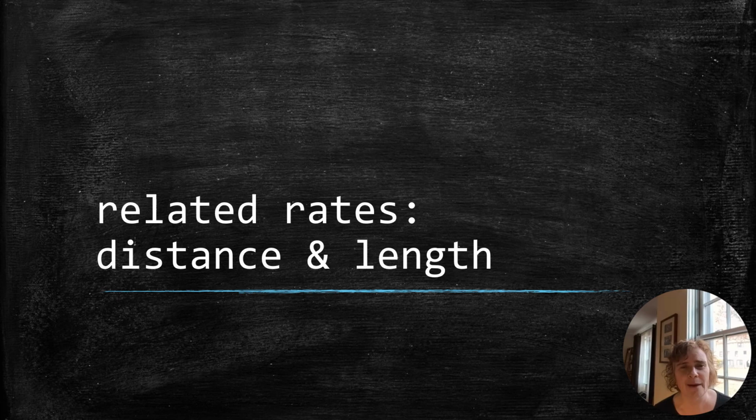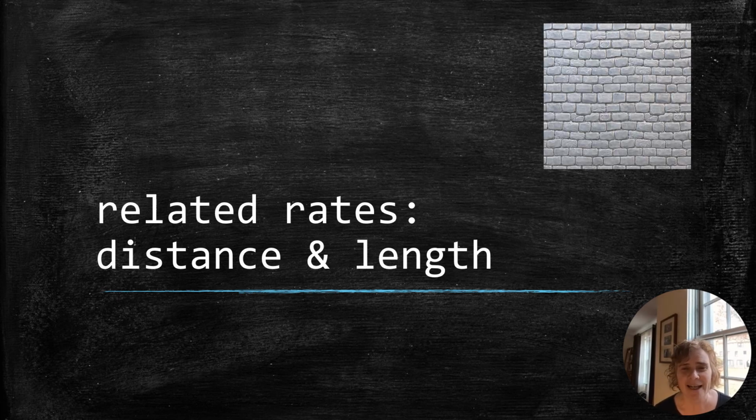Now, in that first video, I did cover one classic distance problem of changing length, and that was the ladder against the wall. In this very classic but unrealistic setting, you have a ladder leaning against the wall and you start pulling out the base of the ladder, because what else do you have to do? And as you pull out that base, the top of the ladder begins to fall.